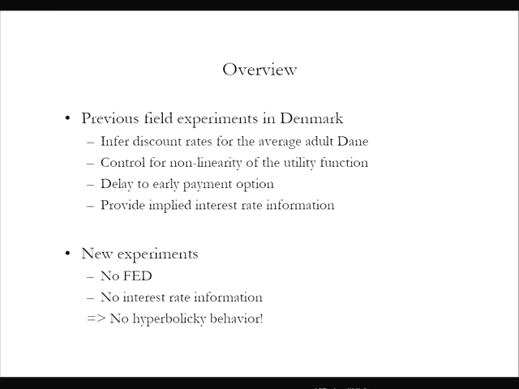So we've also conducted some experiments with students to see if we get this behavior or not, and we don't find that. We find a higher tendency for hyperbolic behavior for some specifications, but they're not really statistically significant in the tests.